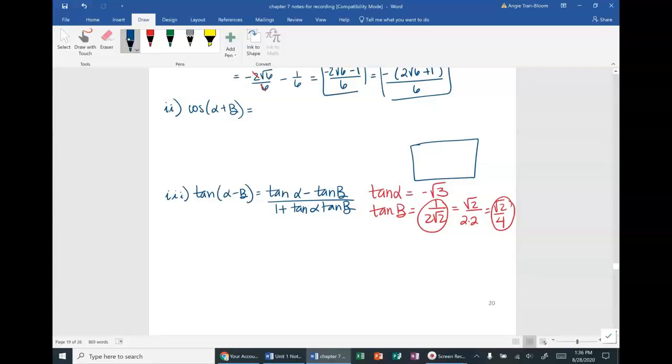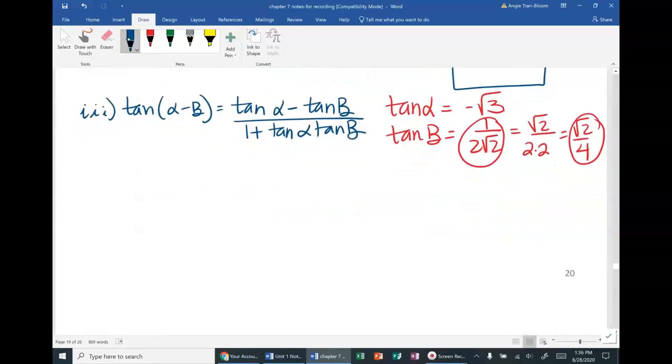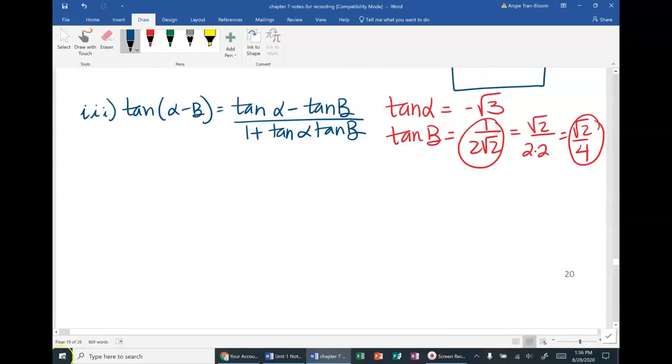Let me stretch this out. Okay, so tangent of alpha is negative square root of 3 minus, I'm going to use square root of 2 over 4, the rationalized form for tangent of beta.